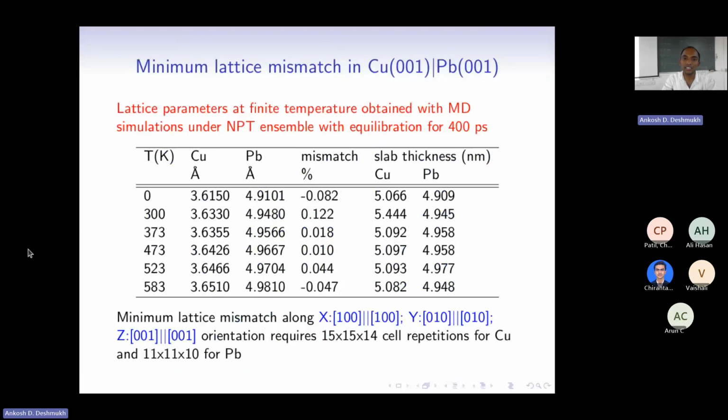During these calculations, I found some mismatch depending on the temperature for each system. Here is the thickness of the simulation cells, which is around 10 nanometer for the interface structure, and these are the orientation relations and number of repetitions I used to generate the interface structure from the surface of each slab.